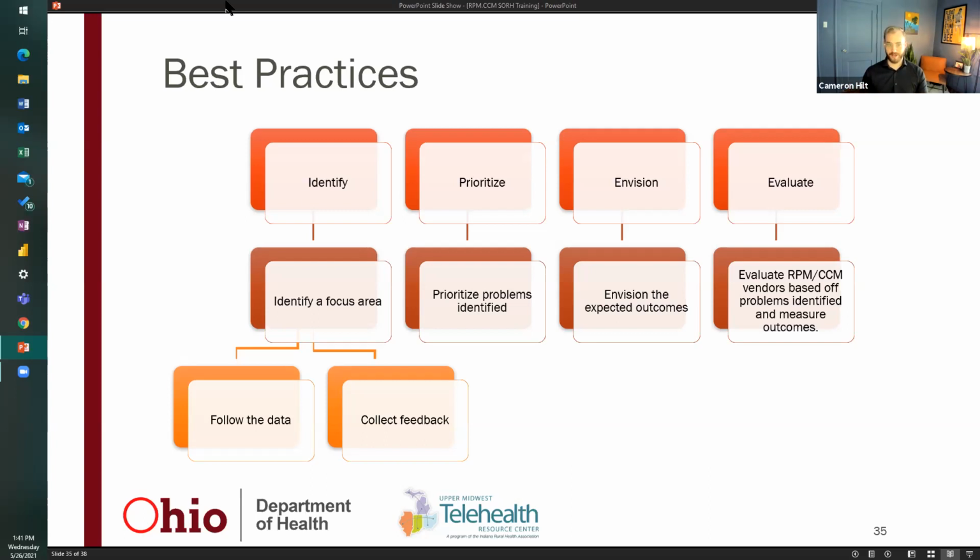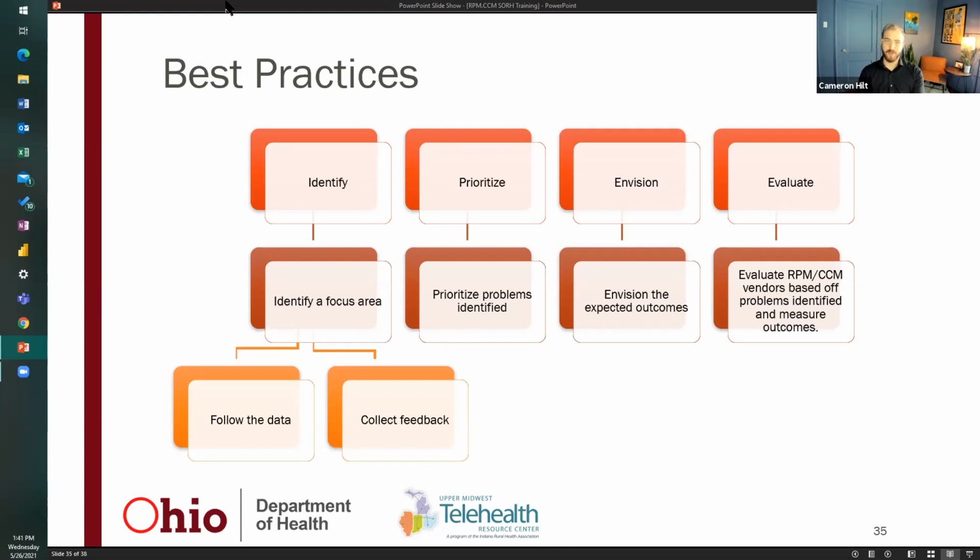And really the first step to that, as I was saying when we were looking at outcomes, is trying to think of what is a focus area that I could use CCM or RPM services to address. And even if you're looking at those outcomes, still drawing a blank, there's really a couple areas you can go to in order to help you identify that focus area for either of these services.